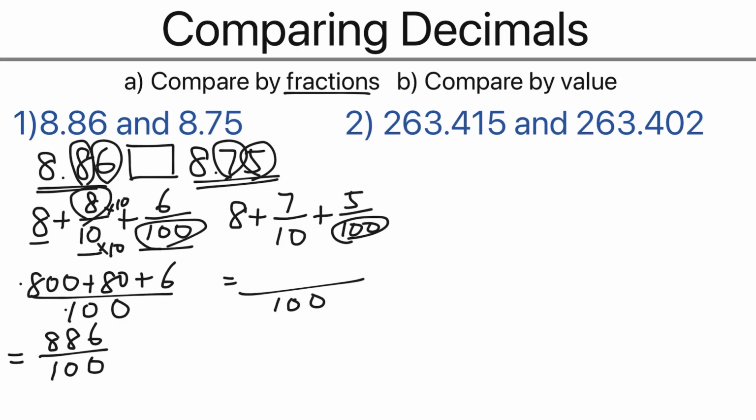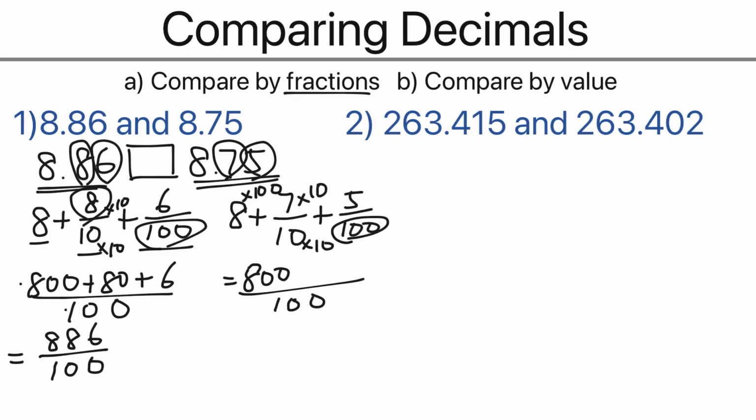So for the whole number of 8, we need to multiply by 100, just like before, and that becomes 800. For the second fraction, the denominator of 10 needs to be multiplied by 10 to get to 100. And so we need to do the same in the numerator.